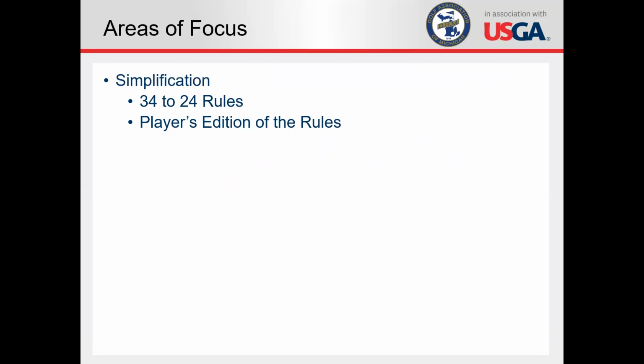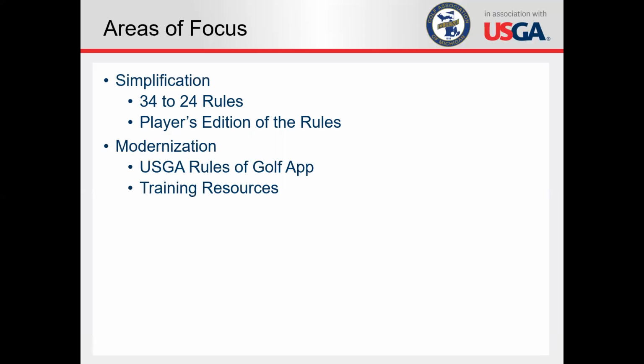The language is not the same as it is in the regular rules, because it's, I don't want to say dumbed down, but it's, again, simplified so that the golfer can understand, and it's presented in a little bit different way. Like you would present a topic to a high school student versus a college student versus an adult. This is really just a more simple way to educate and display the rules for the average golfer out there.